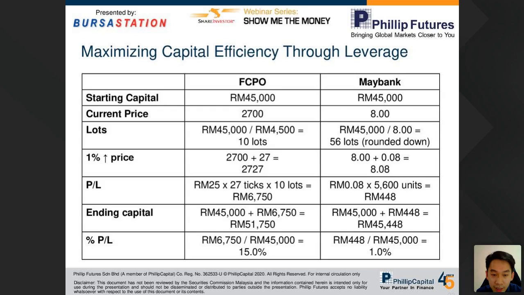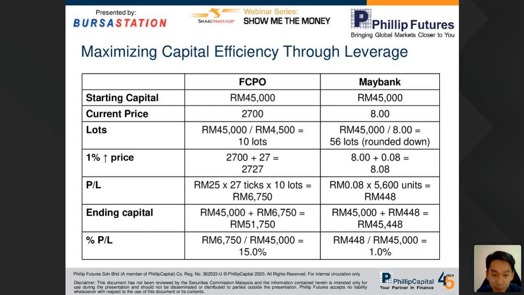First, from CPO, you can see the profit is 6,750. Then for Maybank it is 448 ringgit. From there you can already see how much of a difference there is. The ending capital will be 51,750 for FCPO, and for Maybank we have 45,448.